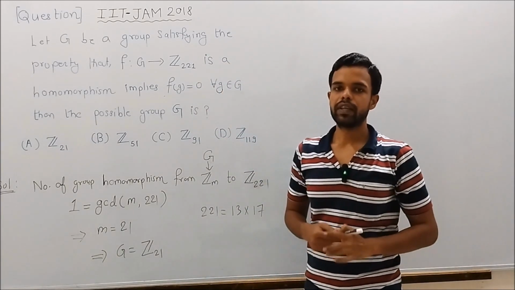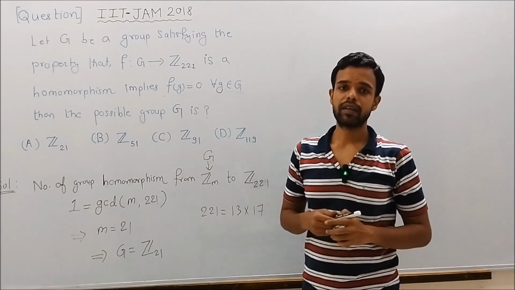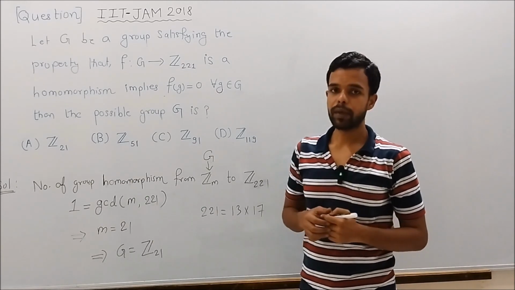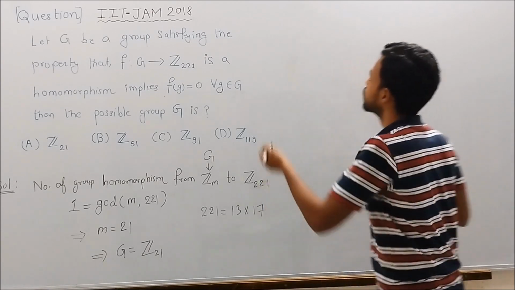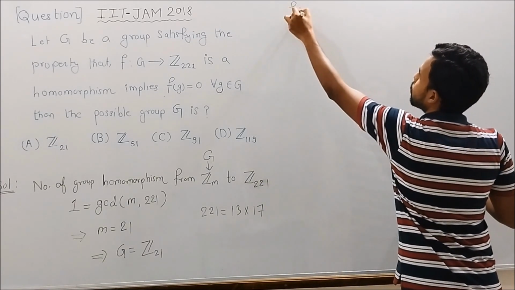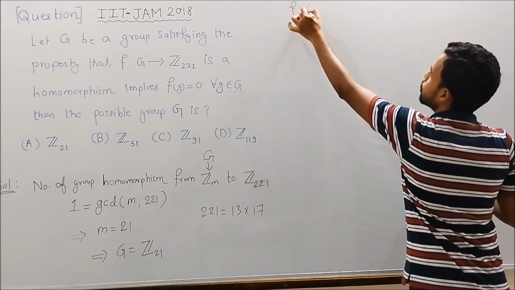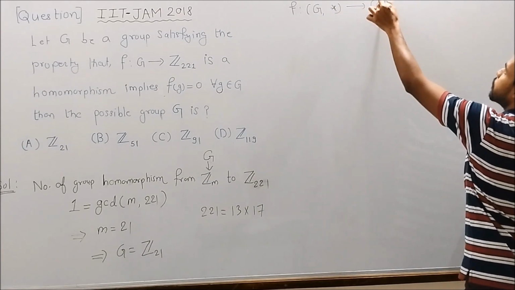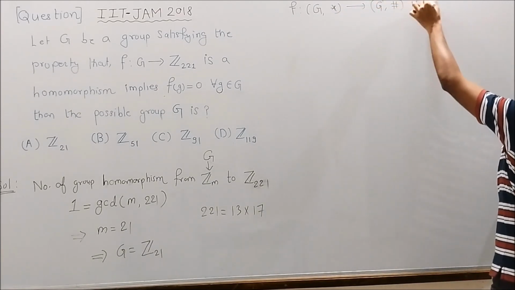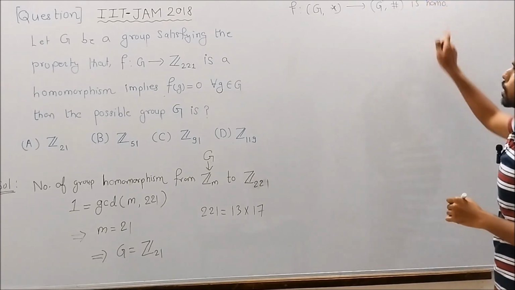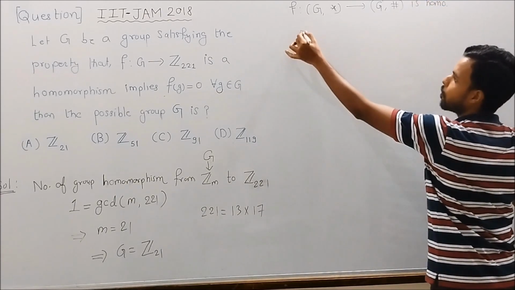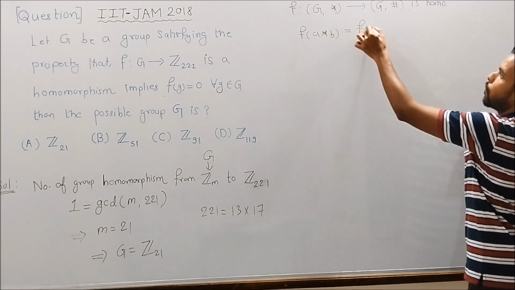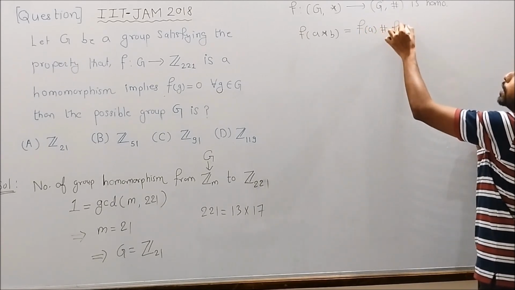Now let's solve this question with the second method, which is a standard method to solve questions on homomorphism. But before that, let's recall what a homomorphism is and what its properties are. If f from a group G with respect to operation star to a group G dash with respect to operation hash is a homomorphism, then by definition f of a star b equals f of a hash f of b.